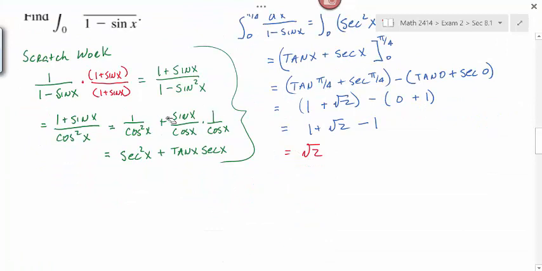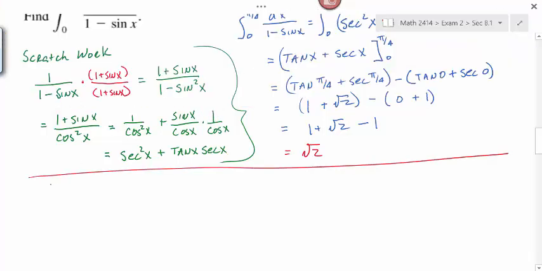So instead of writing your sine x over cosine squared x like this, at this point we're going to rewrite our integral as the integral from 0 to pi over 4 of secant squared plus sine x over cosine squared x. For this problem, working it this way, I am going to distribute that integral and work these two problems individually.